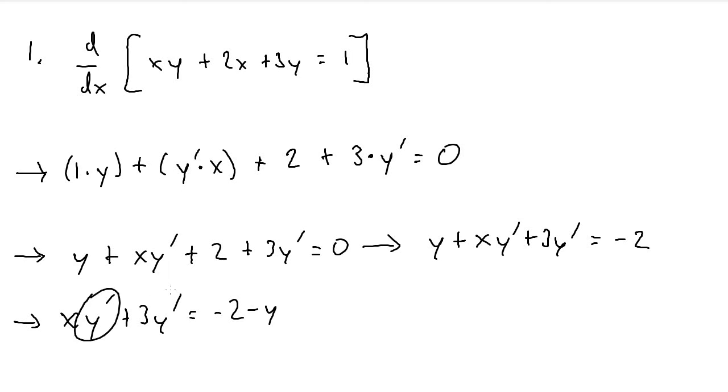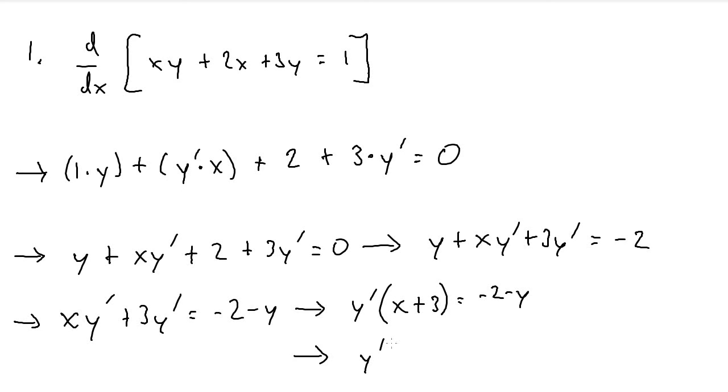Now what I can do with these y primes is factor them out. So I get y prime times x plus 3 equals negative 2 minus y. And finally, I can divide by x plus 3. So y prime, or dy dx, remember you can use both of them interchangeably, equals negative 2 minus y over x plus 3.